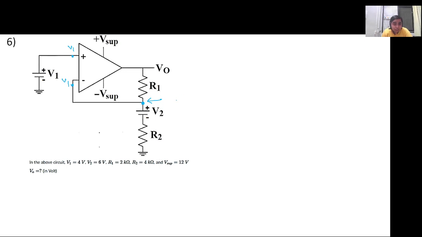Yes, it will be equal to V1 or 4 volts. Now you can apply KCL at this point A. Please tell me the equation. (4 minus 6) by R2 equals (VO minus 4) by R1, right.